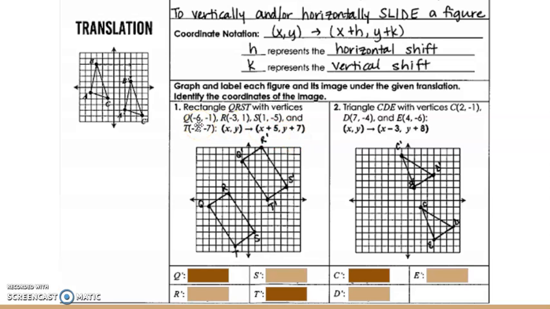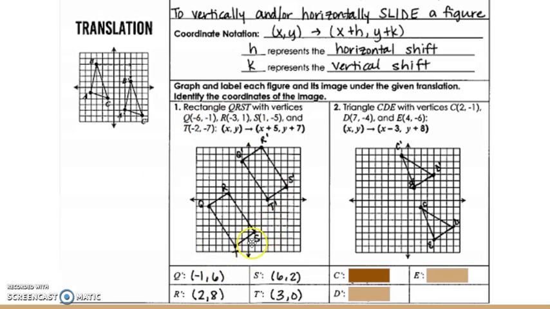If I look at Q is -6, -1. Adding 5 to -6 gives us -1, and adding 7 to -1 gives us +6. We're going to do that same exact rule to the 3 other points for our image.